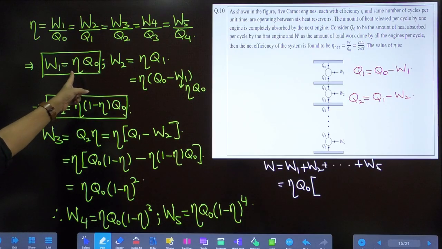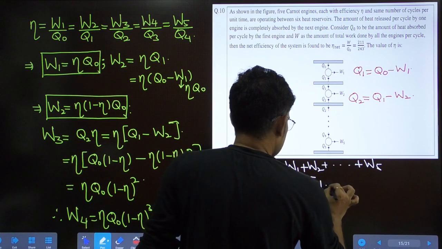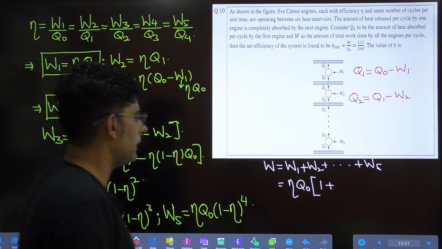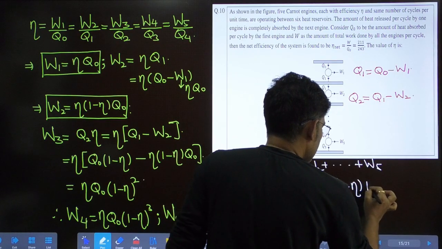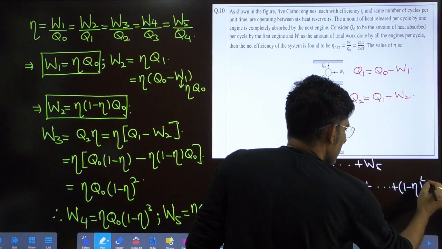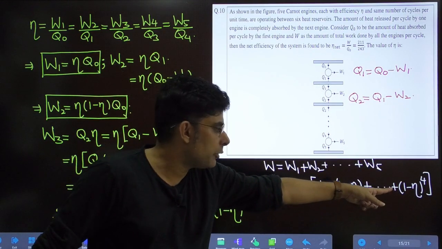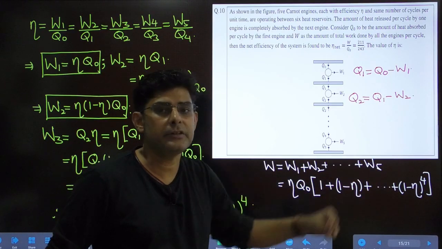In W1 we just had 1, plus W2 we have 1 minus eta, and in the last term we have 1 minus eta power 4. So it is a finite geometric series where the common ratio is 1 minus eta and there are 5 terms.